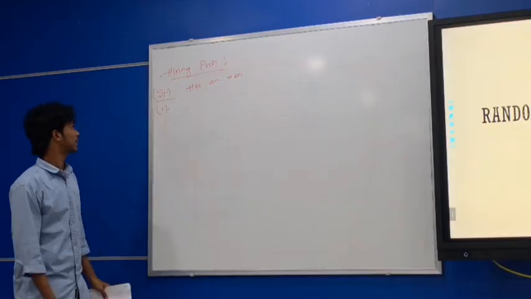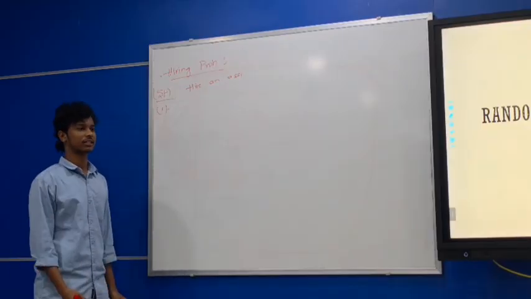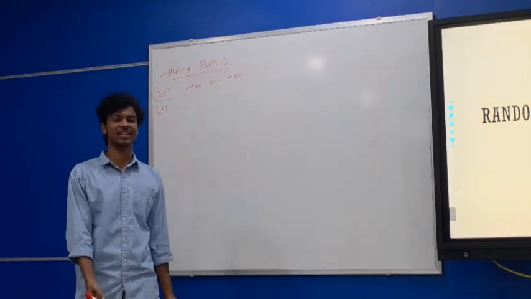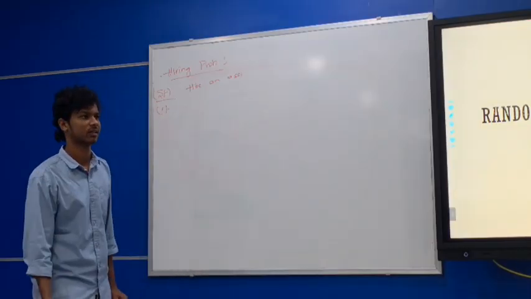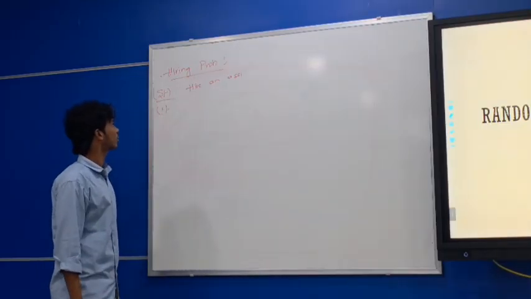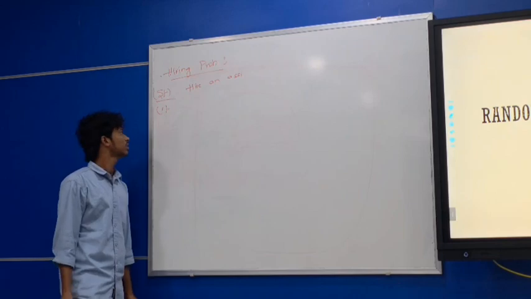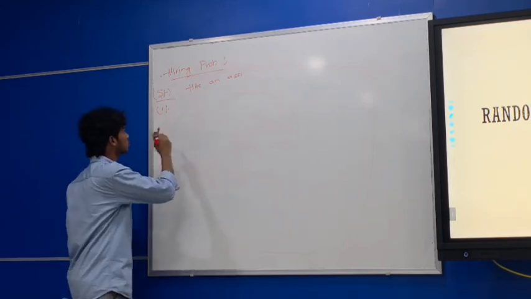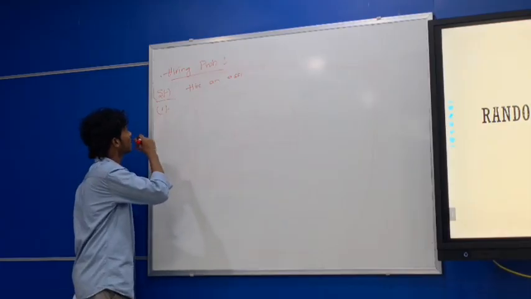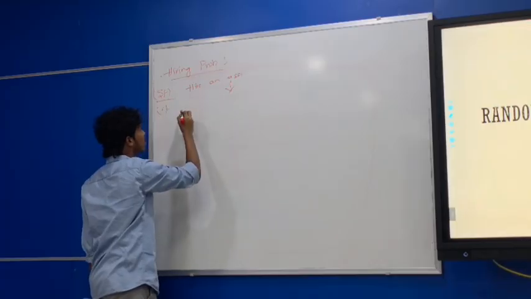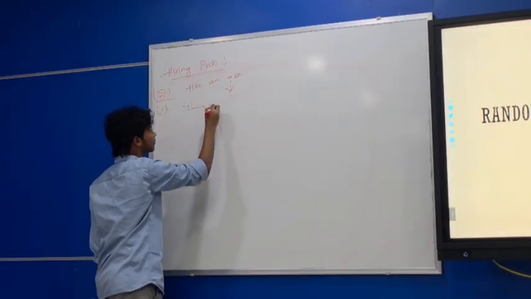Now I will explain the hiring problem. For example, there is a software company that asks an employment agency to hire an assistant. Our goal is to hire an assistant from the agency. The agency will send one person per day.